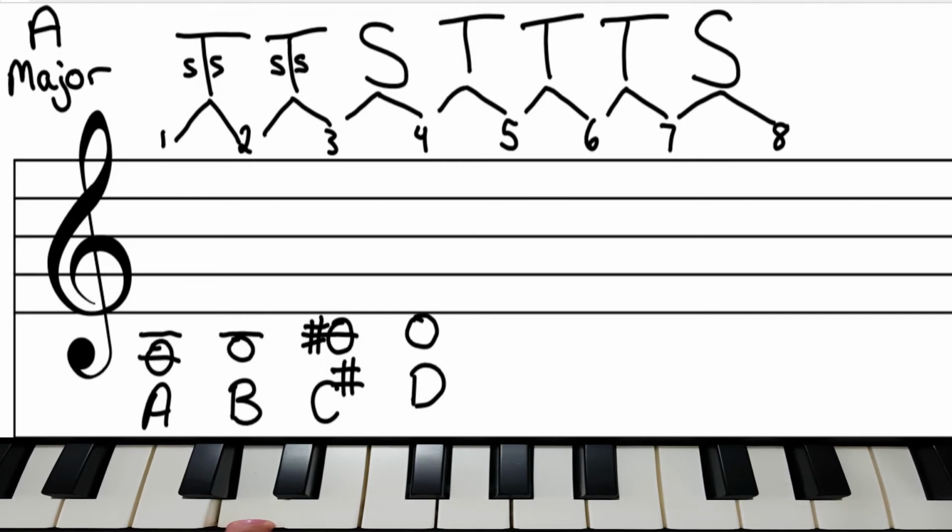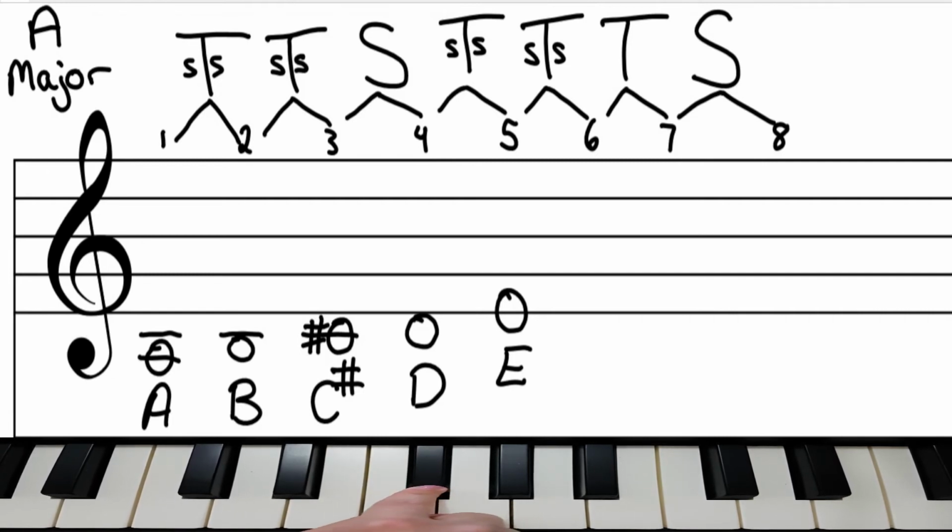Starting on our D and looking at our major scale pattern, we need to go up one tone or two semitones higher to the closest black or white keys. 1, 2. We land on an E for the fifth note of our A major scale. And another tone higher. 1, 2 to black key F sharp.